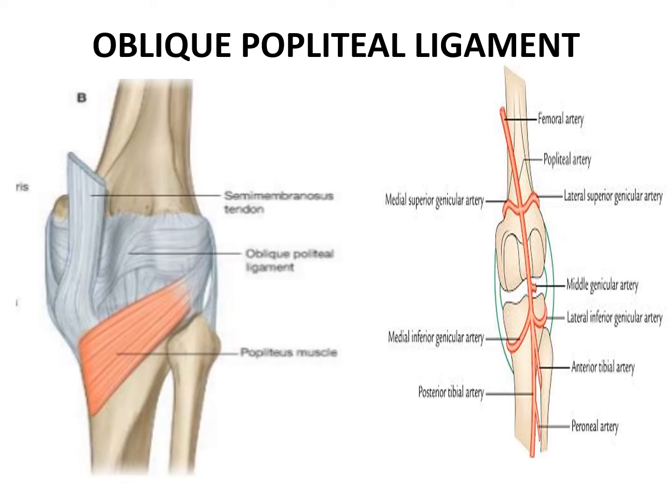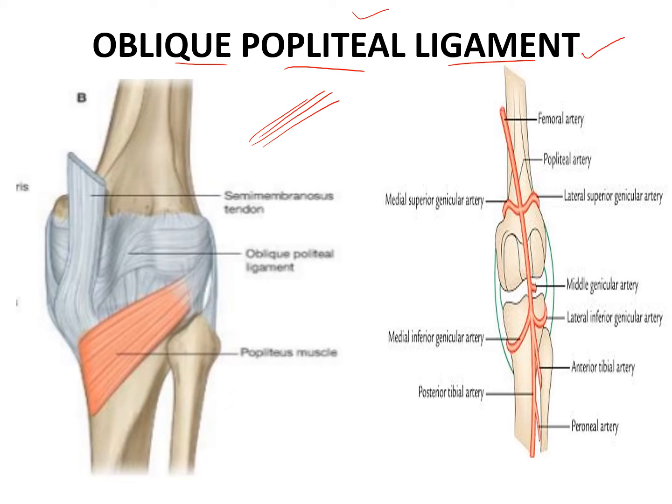In this slide, we will discuss another ligament. So far we have discussed the capsular ligament, the tibial collateral ligament, and the fibular collateral ligament. Now we will discuss the oblique popliteal ligament. If this question is asked, this ligament is oblique in direction and is present in the popliteal region.